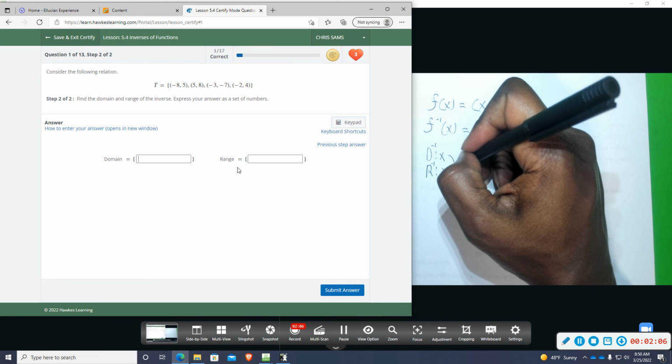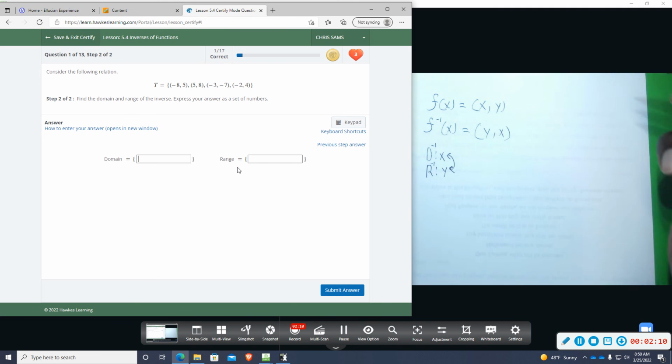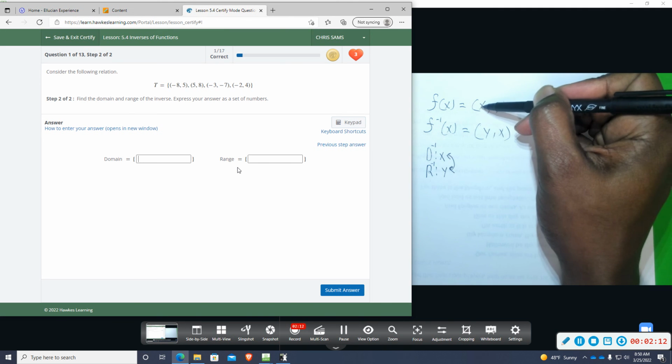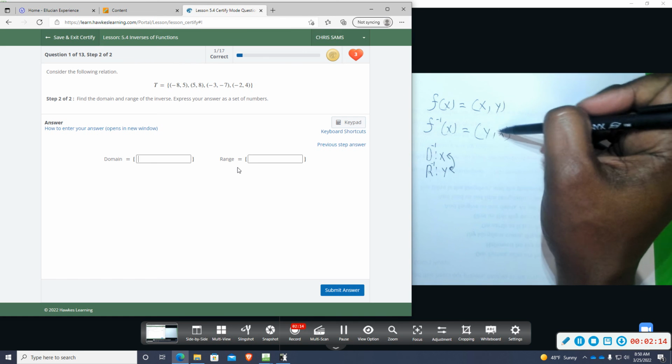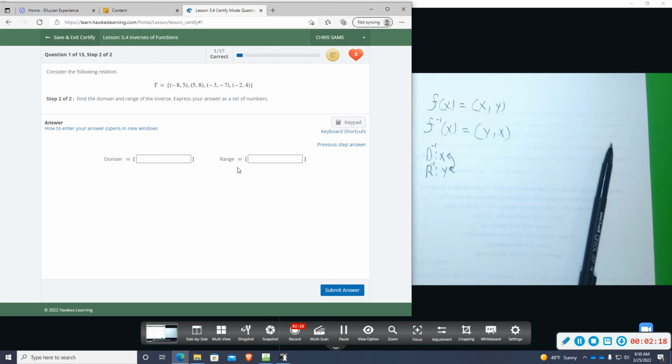So whatever was your domain is now your range, and your range is now your domain. The same way we switch x and y here, we switch it down here with our domain. This is showing you the original, it doesn't have that negative 1 notation up there. The domain is now the range and vice versa.